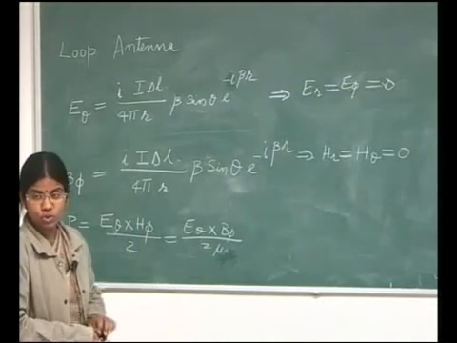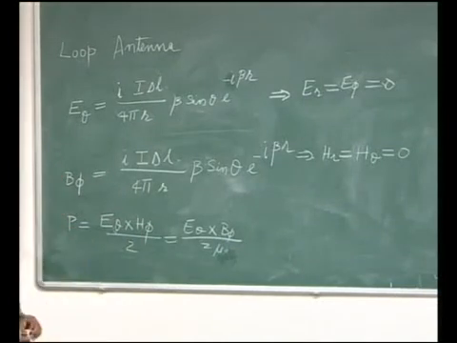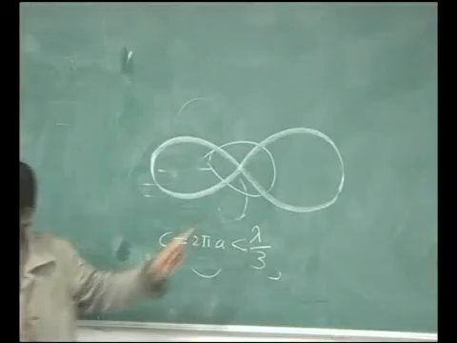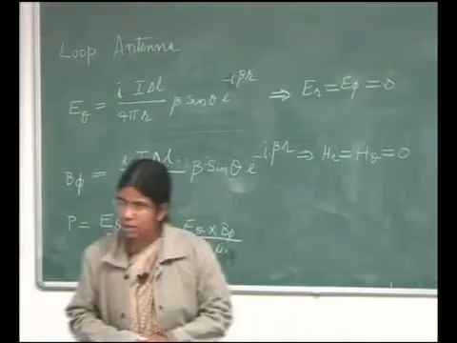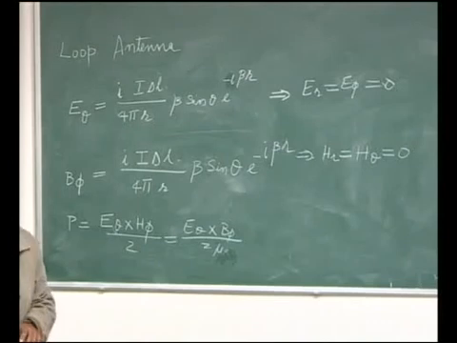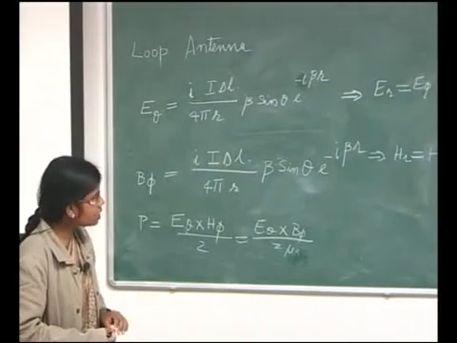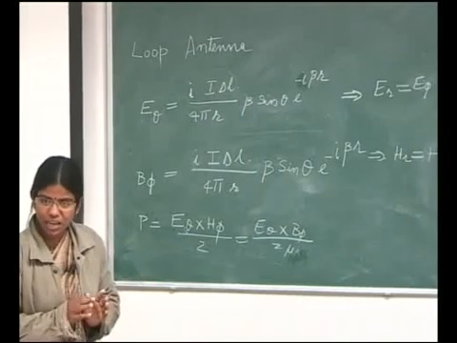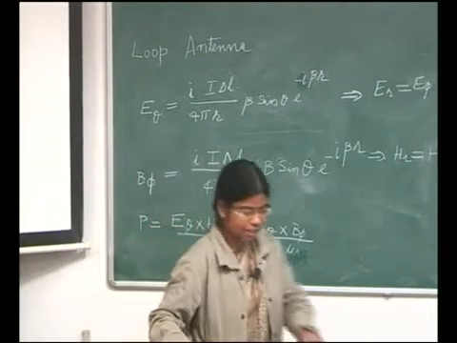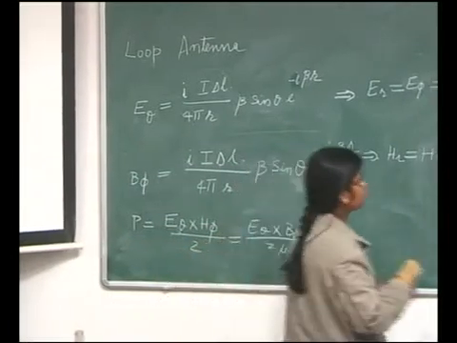So, when I do that and I calculate, so now I will take a small surface area. Surface area of this loop will be S will be 2 pi a square. Okay. When I do that and I integrate it over the surface, what will be the surface? R square sin theta d theta d phi, जैसे हमने last time किया था, उसी तरीके से if we do the integration over theta and phi, I get an expression which is something like this, the expression for average power.